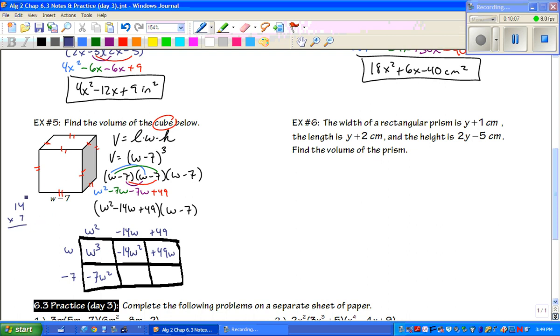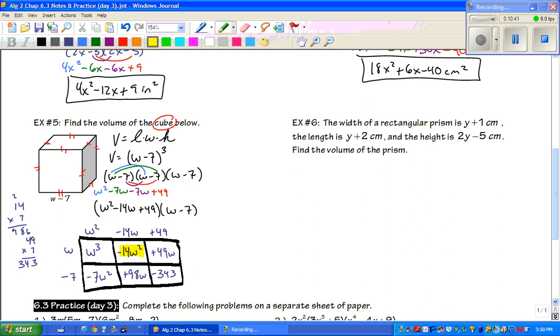I'm just going to do that off to the side so I don't mess up. 98, and that's actually going to be a positive 98. You know why? Well, it's negative times a negative. And then we have 49 times 7. 7 times 9 is 63, carry the 6. 7 times 4 is 28, plus 6 is 34. So that's 343, and that's a negative 343.